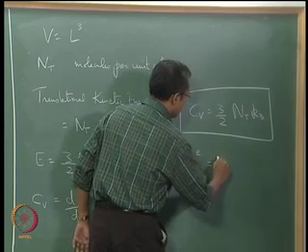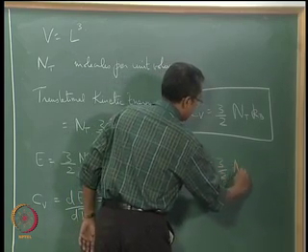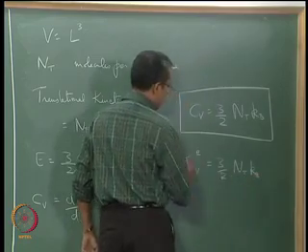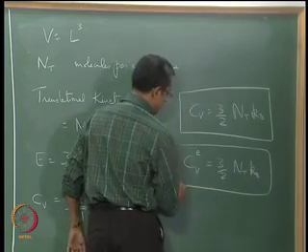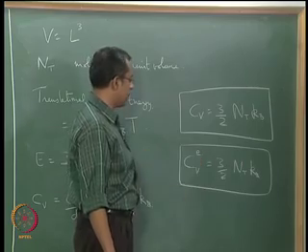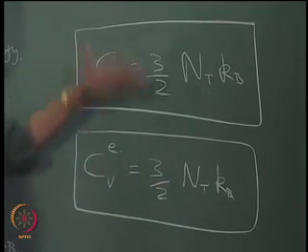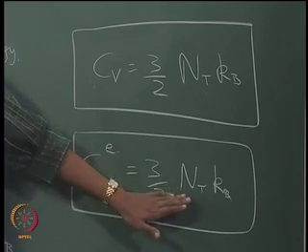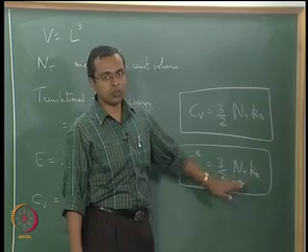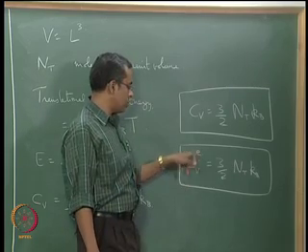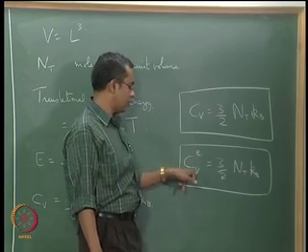So this is now the same expression, 3 by 2 Nt Kb, and these are identical expressions except I have added the superscript E. If you look at the original expression we derived for an ideal gas, we are extending that to the electrons present in the system. So this is the electronic contribution to the specific heat at constant volume.